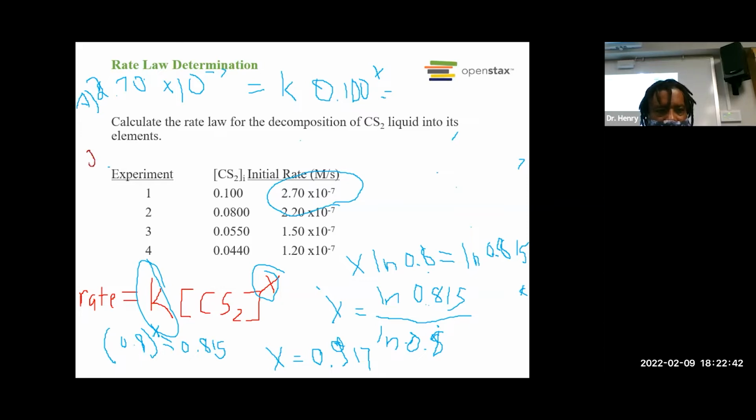So we have 2.70 times 10 to the minus 7 equals k times 0.100 to the 0.917.